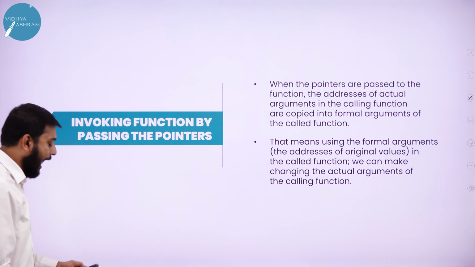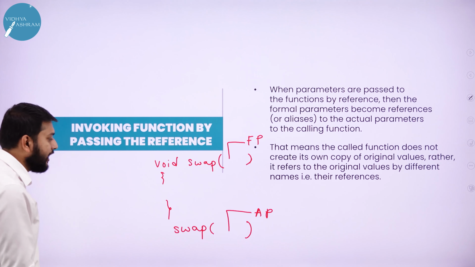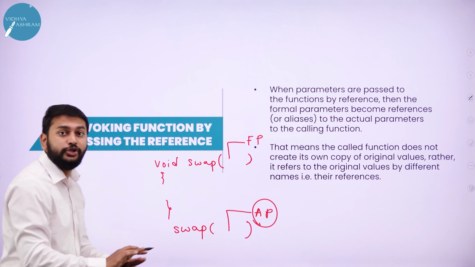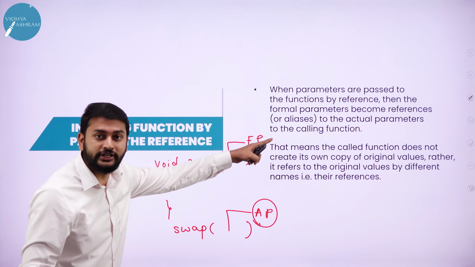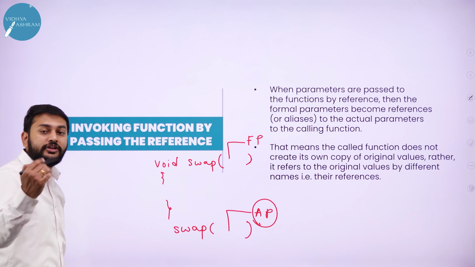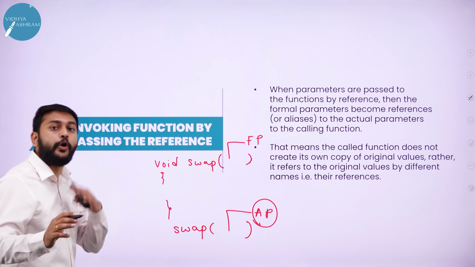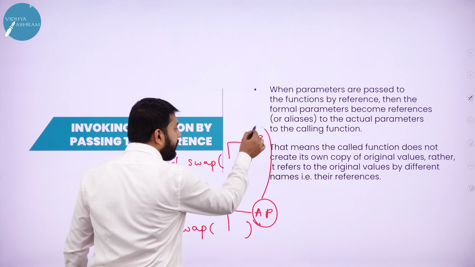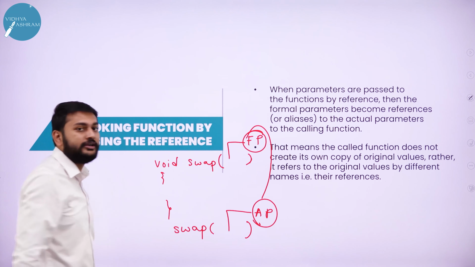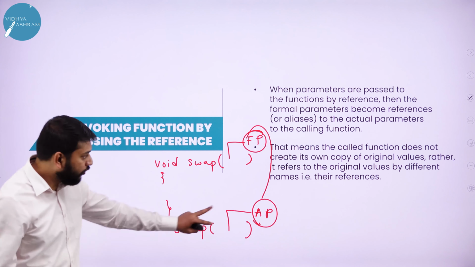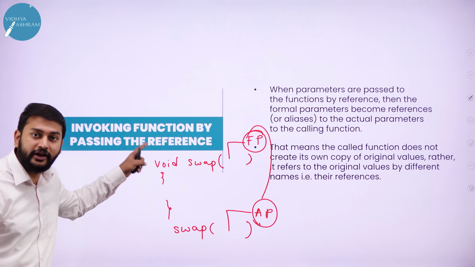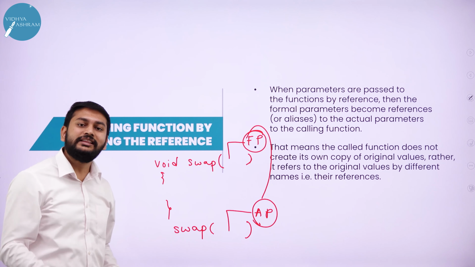Address of the actual parameters. So guys, the address of these actual parameters will be copied. It is not using it as a reference. Here it is using it as a reference. But here, when you're trying to send the pointers to invoke, the address of these actual parameters will be copied to the formal parameters. In the first method, when you invoke a function by reference, you are just sending the reference.